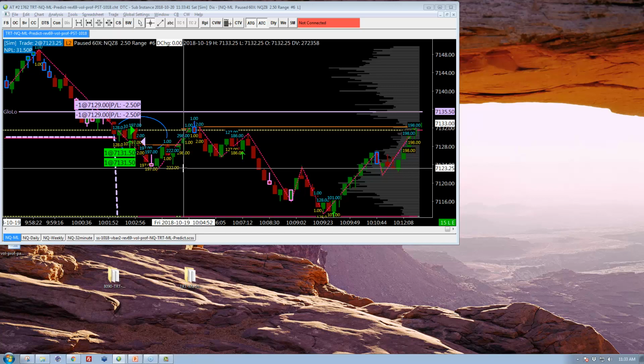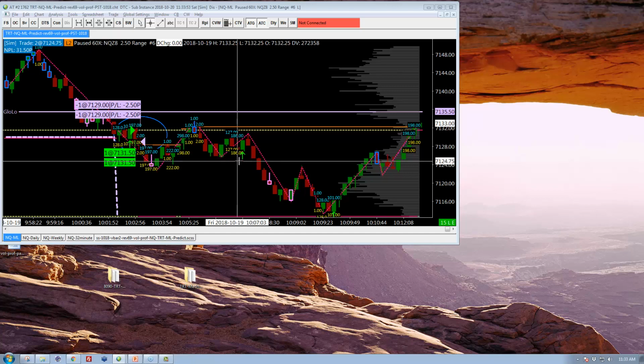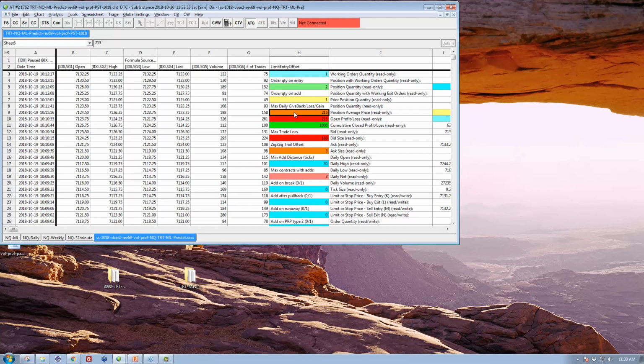So the compromise there is, what I really care about is if I'm trading and losing after I've been doing well. That's the concept behind the give back. If I'm up and I give back this amount, and I have it currently set to the same value as the max daily loss, then just stop trading.